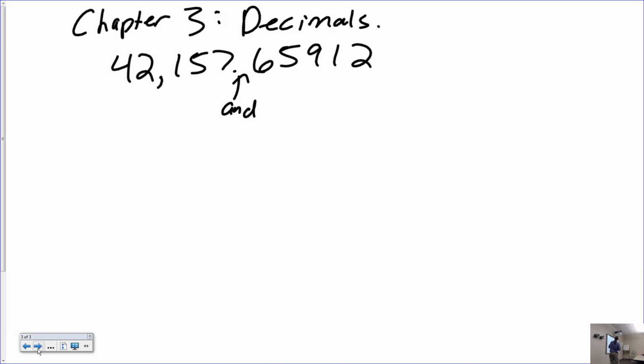This number is 42,157, and then when you read the numbers to the right of the decimal point, you read them like they are to the left of the decimal point. It's just another number that's exactly the same as the one before, right? So 42,157 and 65,912, and then you say whatever place marker this last one is, 100 thousandths. Okay? That's technically the correct way of reading that number.